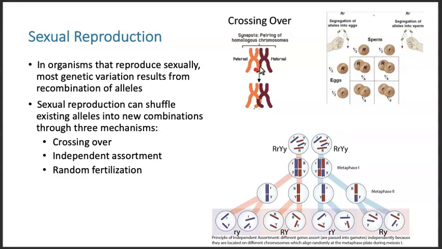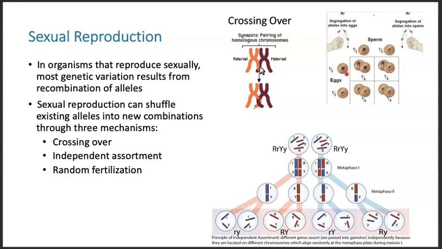That's where you get the new combination of alleles. And then with independent assortment, there are different ways that chromosomes can align in metaphase. Depending on how they align in metaphase, the gametes can have different combinations. So that's independent assortment adding to variation, right? Because they're not always ending up with the same type of gamete.